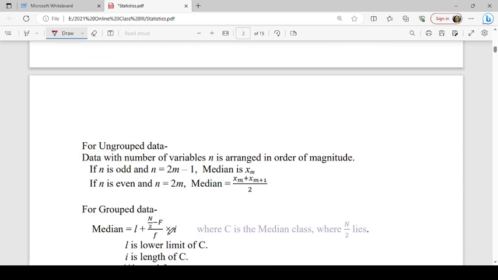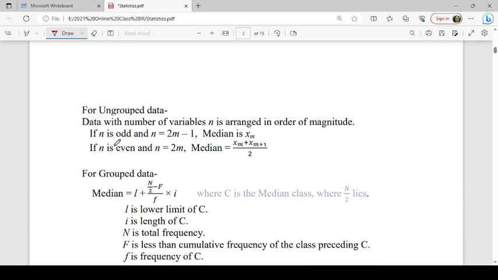Median for ungrouped data: this is the formula for median. We need to arrange the n values in order of magnitude. Suppose the number of observations is 7, then we take the fourth value.